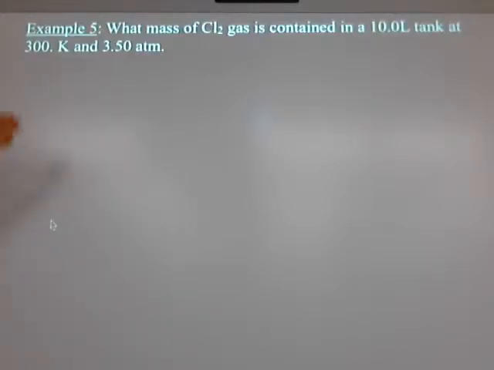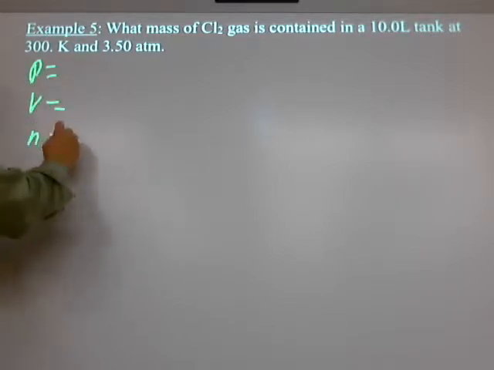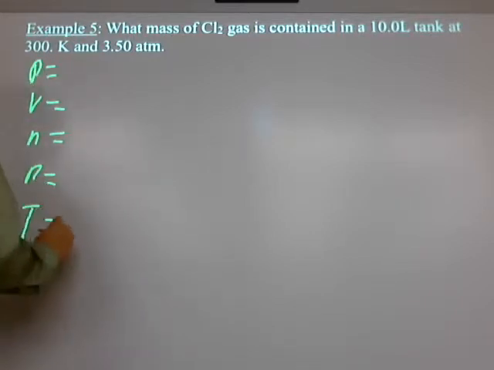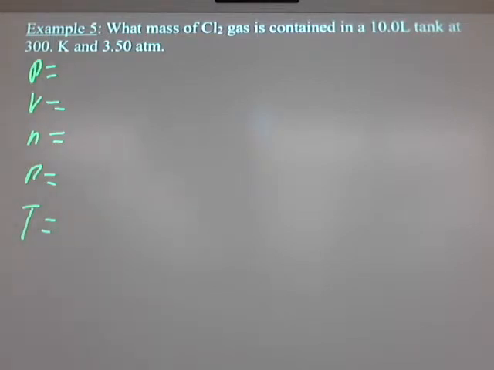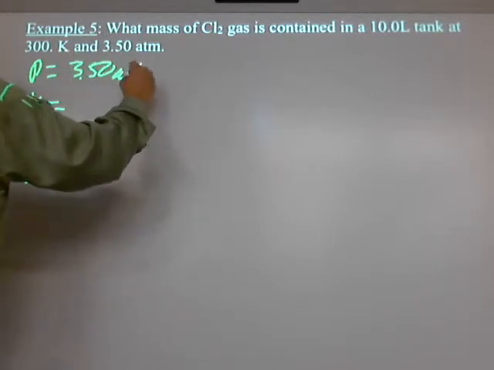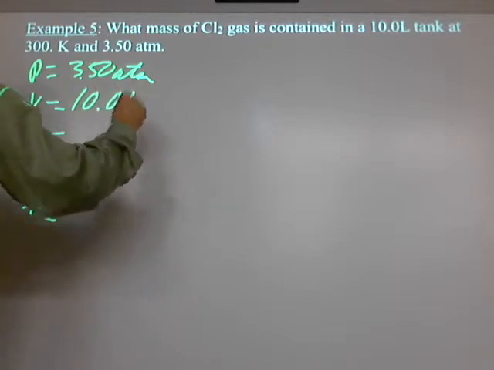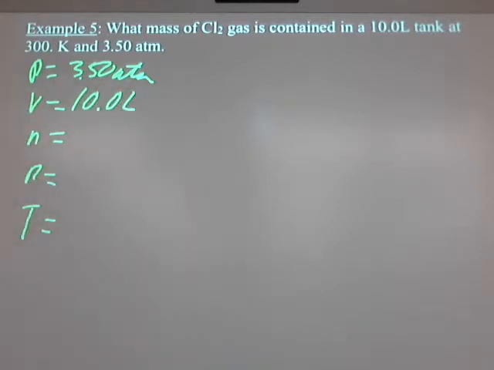Okay, all of these guys are in the right units, I believe, so it won't be as hard to get it going. PV equals nRT: P, V, n, R, and T. Cl2. Your pressure, you look it up, 3.50 atmospheres. Your volume, you look it up, 10.0 liters. We're going to leave him go for a second.